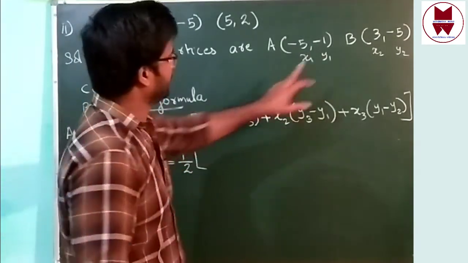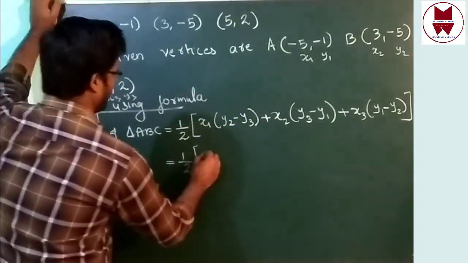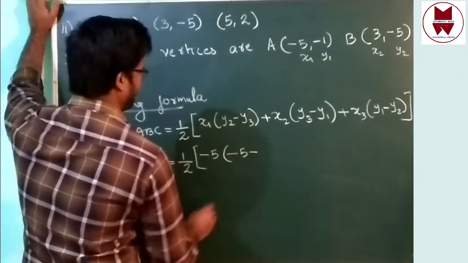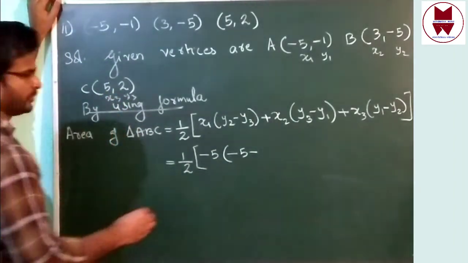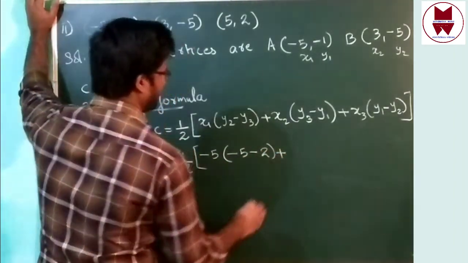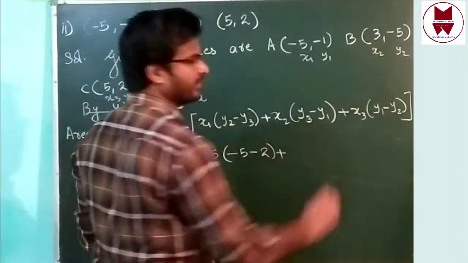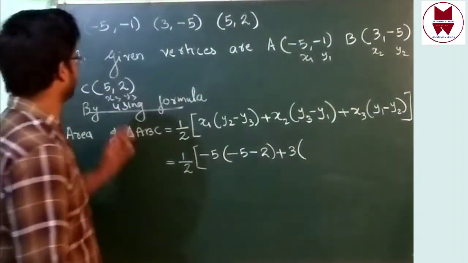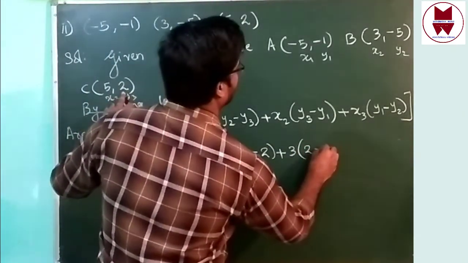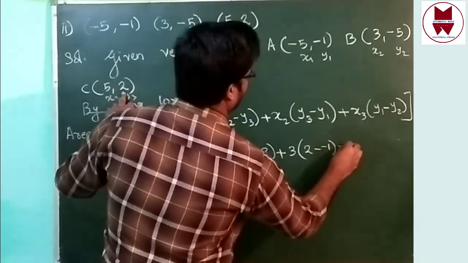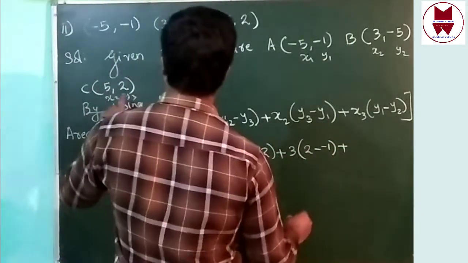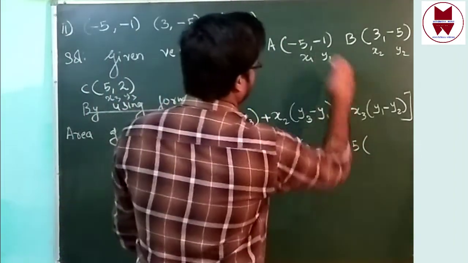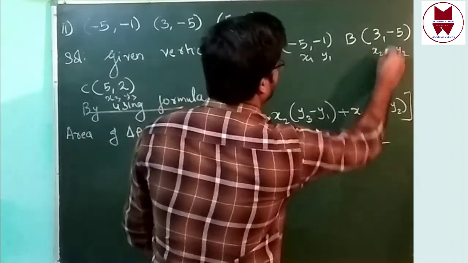Then x1 is minus 5, into y2 which is again minus 5 minus y3 which is 2. Plus x2, what is x2? x2 here is 3, then (y3 minus y1): 2 minus y1 which is minus 1. Plus x3 is 5, then (y1 minus y2): y1 is minus 1 minus y2 which is minus 5.